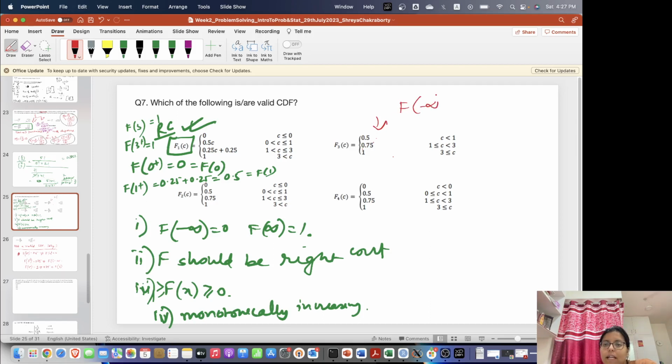Here F of minus infinity is not equal to 0. However far we go till minus infinity, F of minus infinity will not be 0. It will be 0.5. So this is not a CDF.